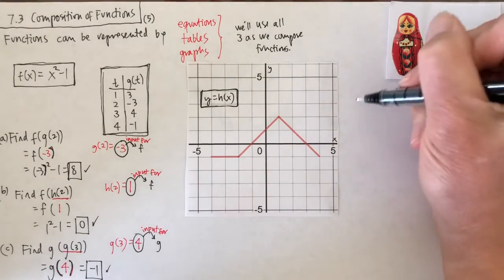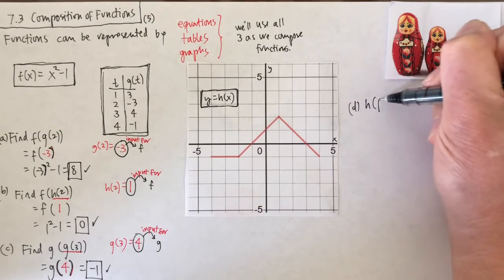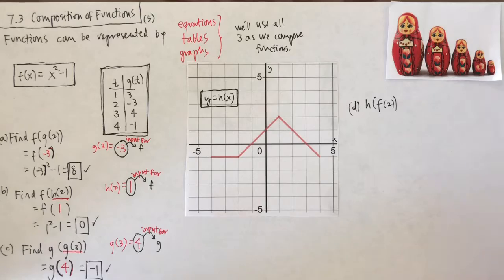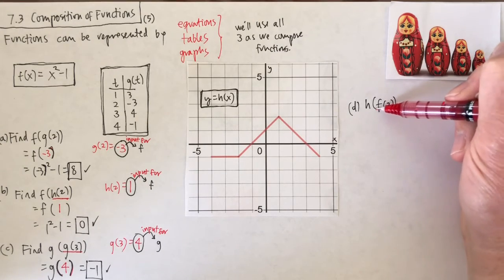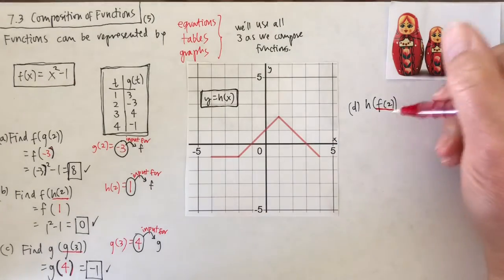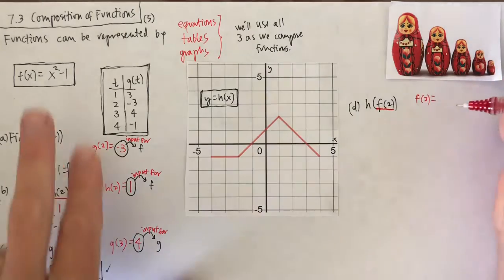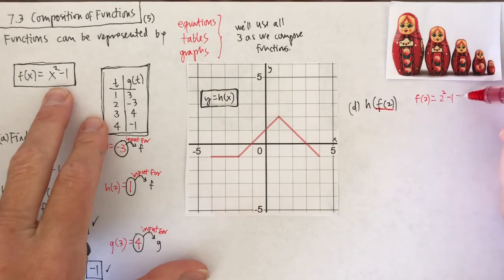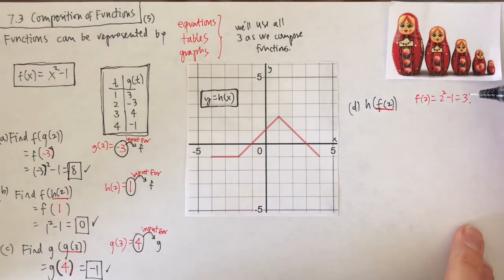Let's try to compose A, B, C, D. Let's do h of f of 2. This tells us to start in here, find, when my input is 2, what is my output according to f? So f of 2 is 2 squared minus 1, that's 4 minus 1, which is 3. And this is something I'm going to put into the function h.